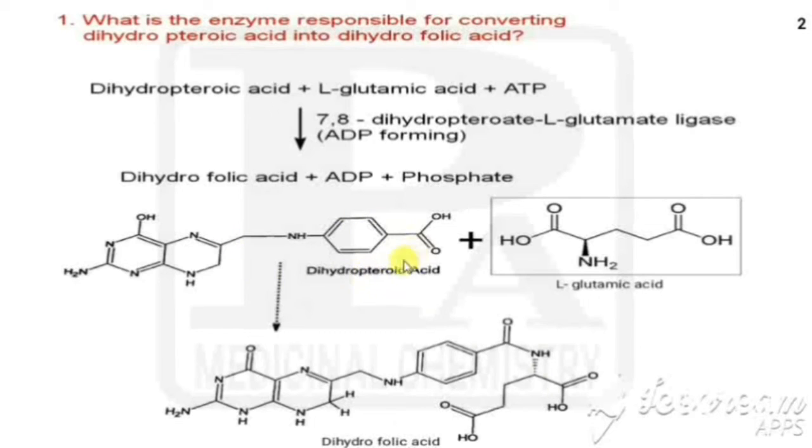So, this is called dihydropteroate. This is glutamic acid. That's why L-glutamate ligase. What is meant by ligation? Ligation means tying. So, these two would be tied and we are getting dihydrofolic acid. That's why the name of the enzyme is 7,8-dihydropteroate L-glutamate ligase.